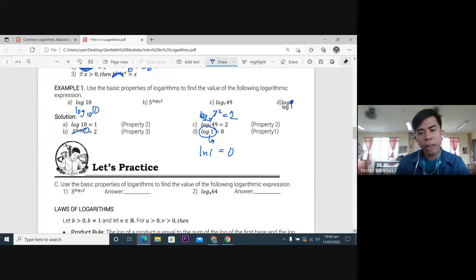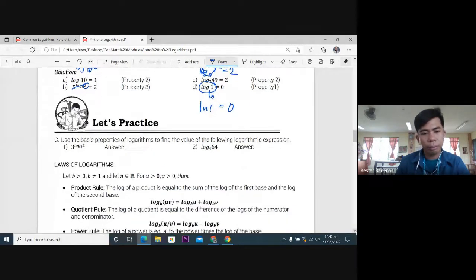Okay? Use the properties of logarithm to find the value of the following logarithmic expression. Answer agad, 2. Ito, paano ito? Logarithm of 64. 64 is 4 cubed. Tama? So, with the base 4, so cancel din. 3 ang answer.